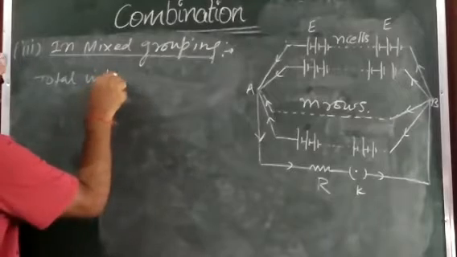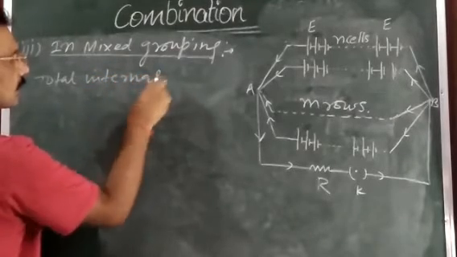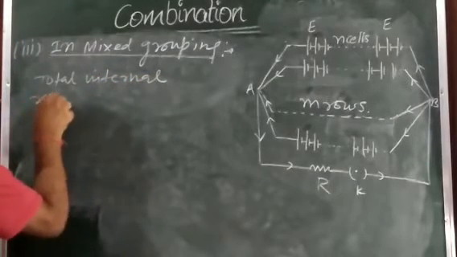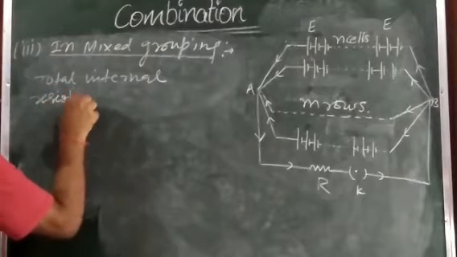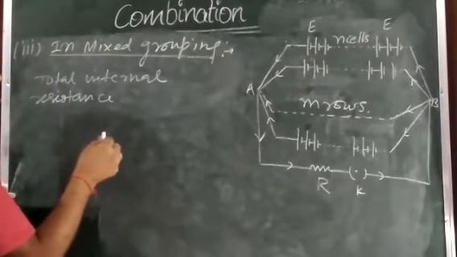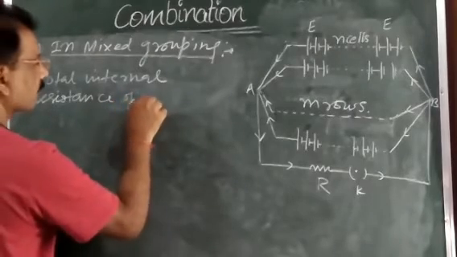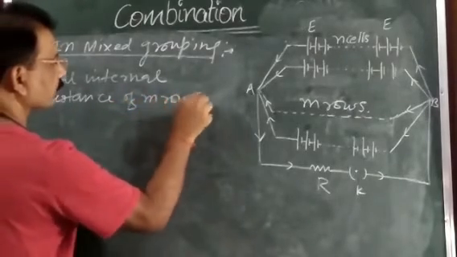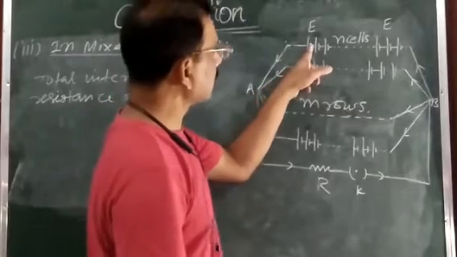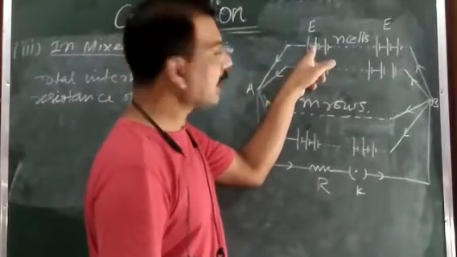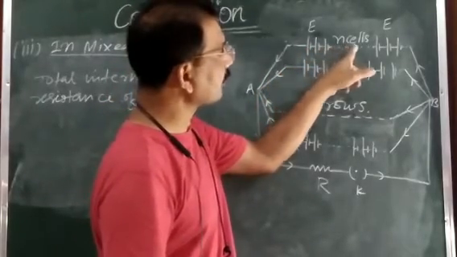Total internal resistance of m rows. Here, the internal resistance is small r, small r, small r.